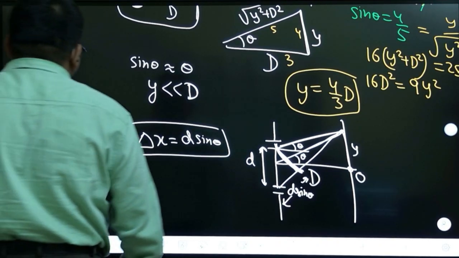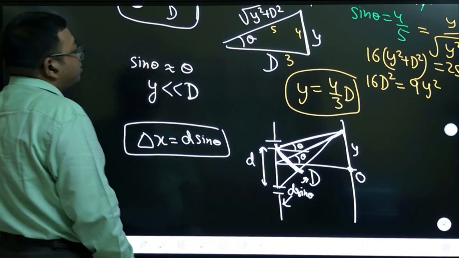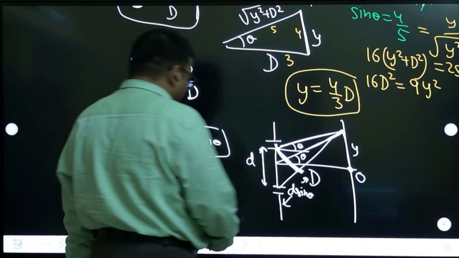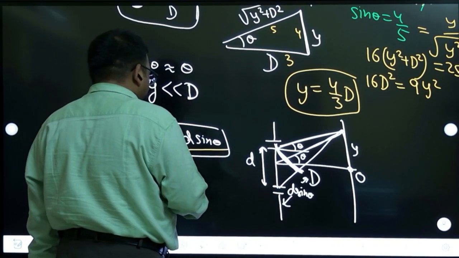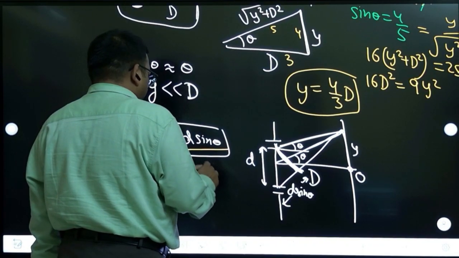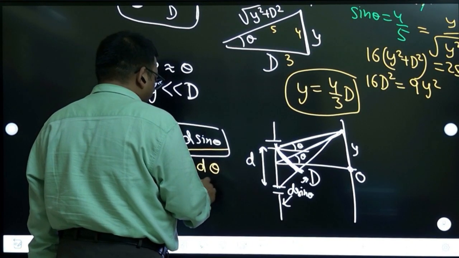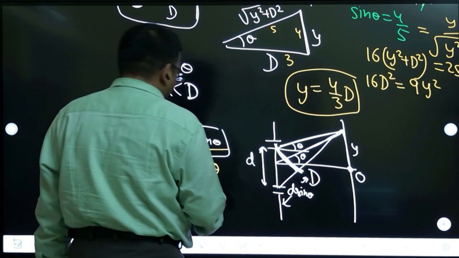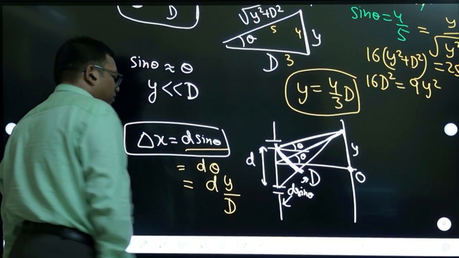If they tell only, then only we can solve. Otherwise we will not, because many people will take that answer. So they will start writing this small d as a very small angle into theta. Then they will write theta is equal to y by capital D, right?